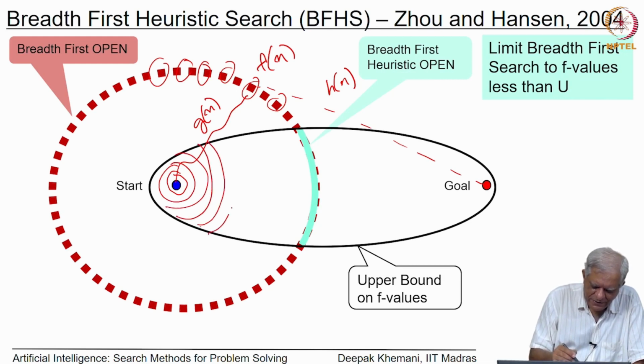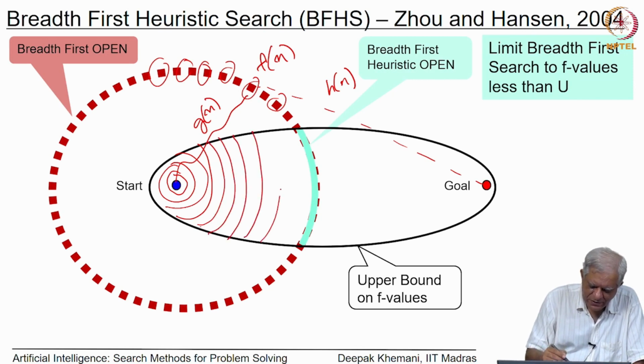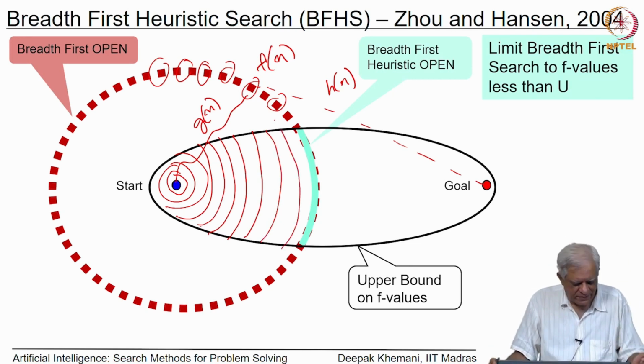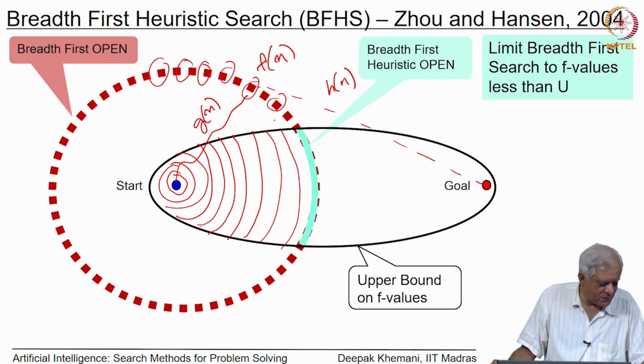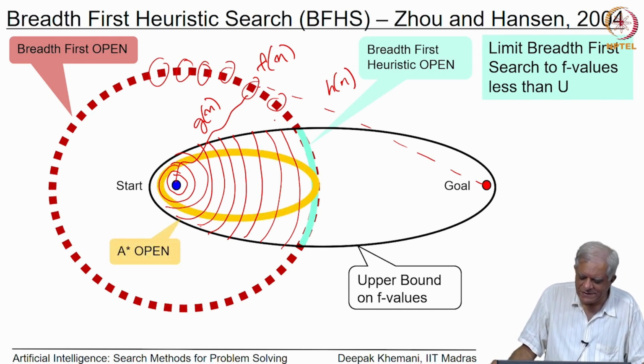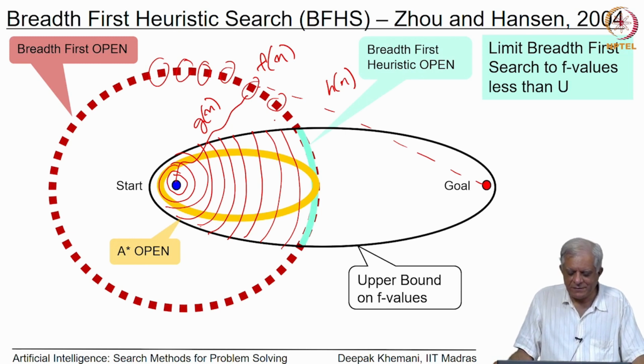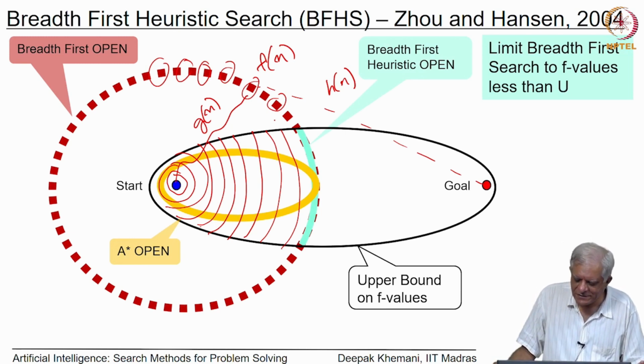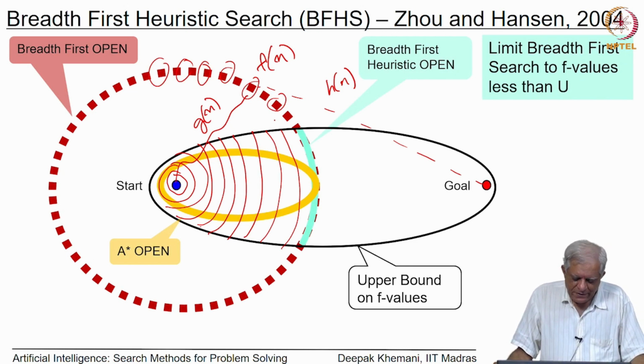So, it will keep doing like this, but never venturing beyond the boundary. So, this is how the search will proceed, and what they empirically found was that the open list maintained by breadth first heuristic search, heuristic because it is now using the upper bound u which has been discovered heuristically.